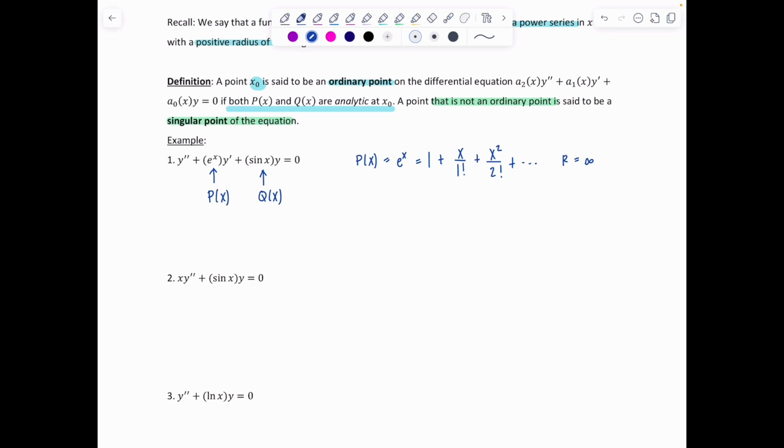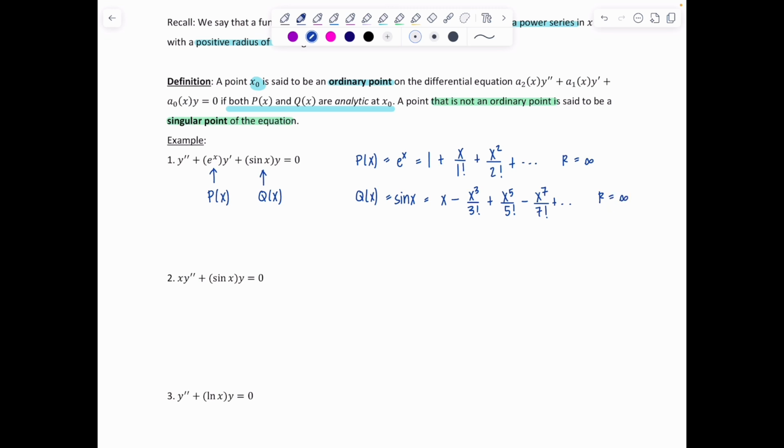And then what about q of x? That's sine of x. Oh yeah, we have a power series representation for sine of x: x minus x cubed over 3 factorial plus x to the 5th over 5 factorial, etc., alternating, all the odd powered terms with corresponding odd factorial in the denominator, and the radius of convergence on that one is also infinite.